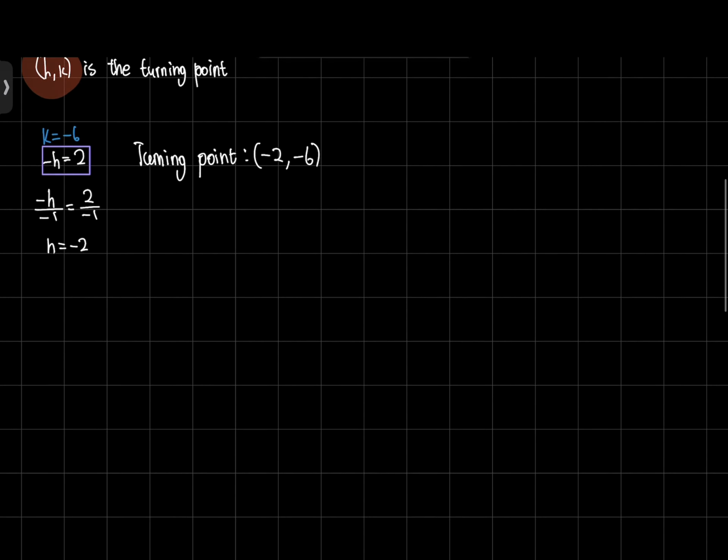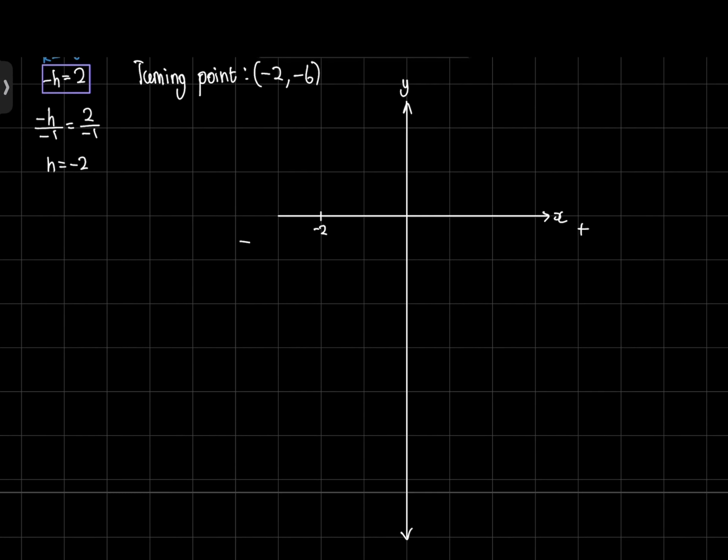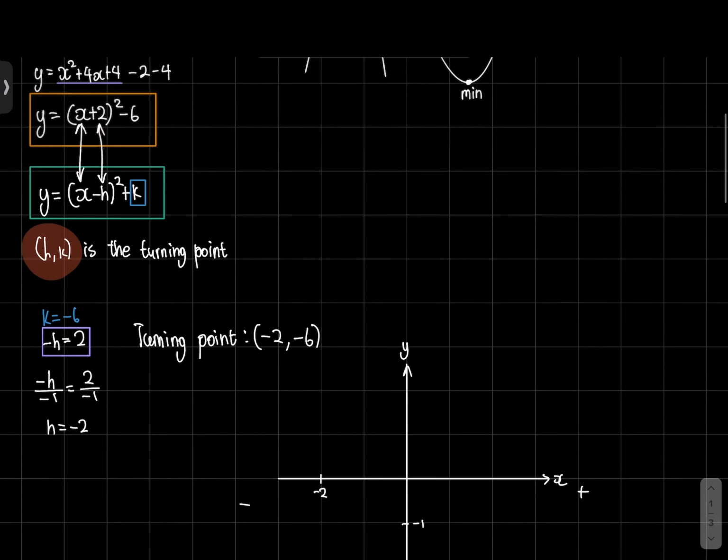Alright, so let's actually sketch this graph. This is going to be negative 1, negative 2, negative 3, negative 4, negative 5, and negative 6. So our turning point is going to be here. This is going to be the lowest value our graph can reach. How do I know that this is the lowest value?